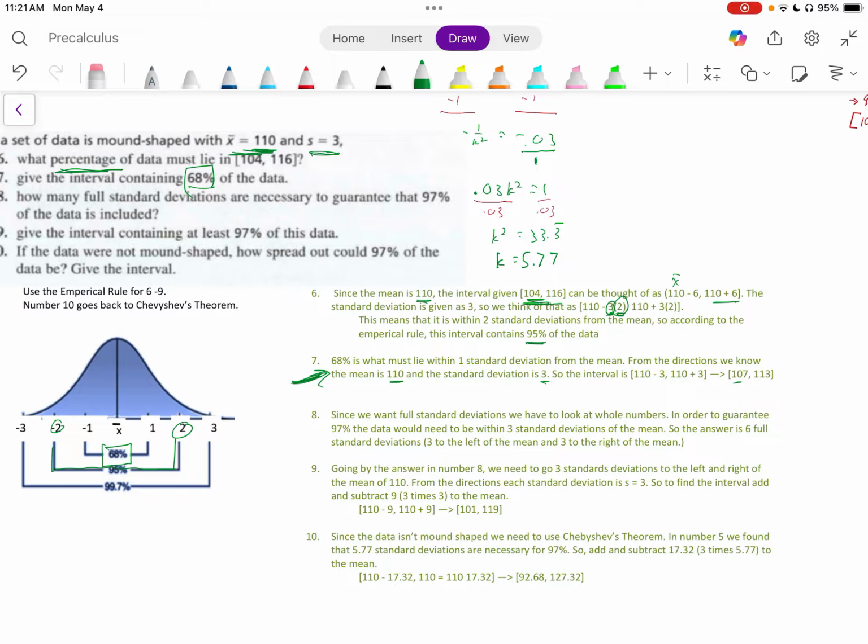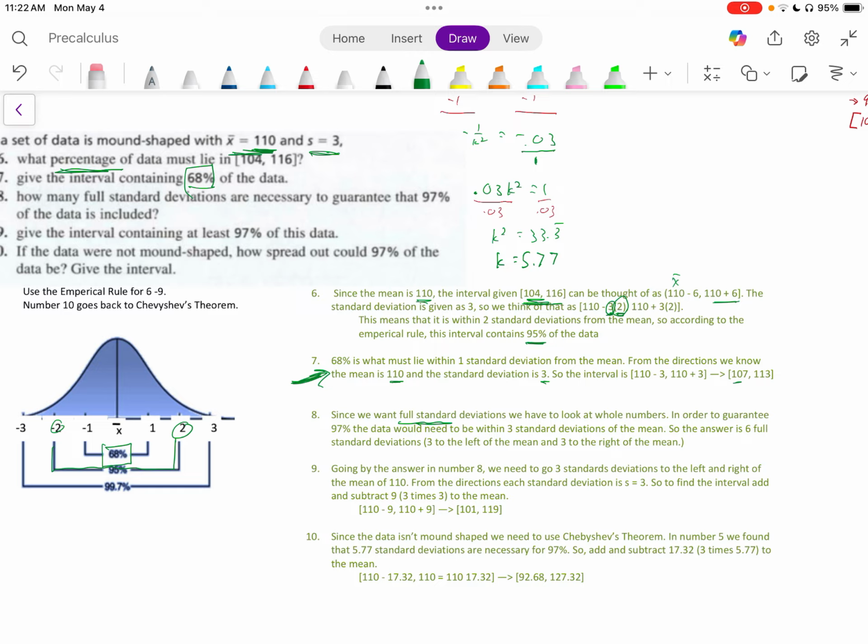Number 8, how many full standard deviations are necessary to guarantee 97% of the data is included? Since we want full standard deviations, as we talked about back in number 5, we have to look at whole numbers.